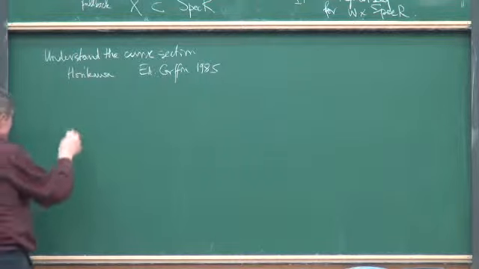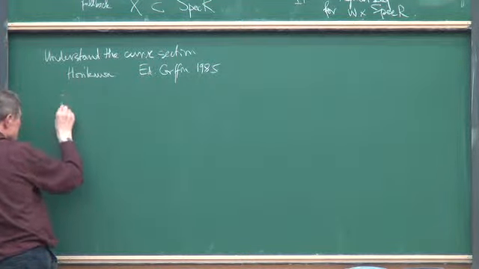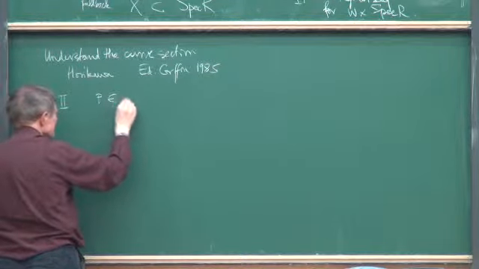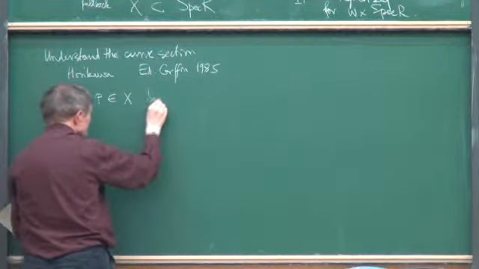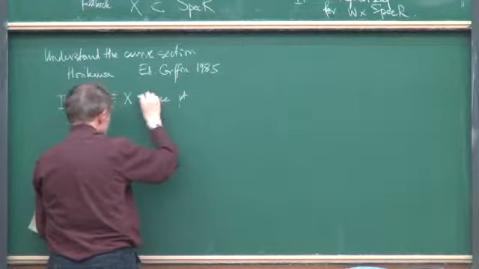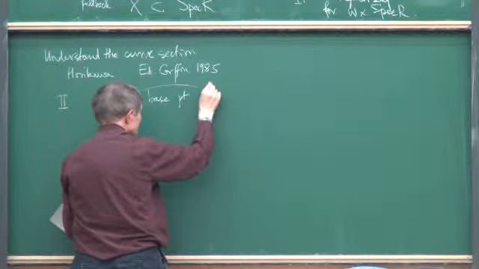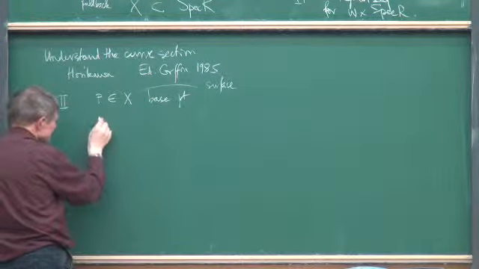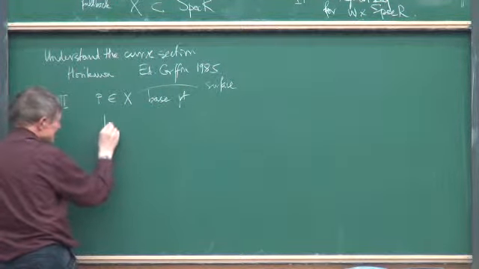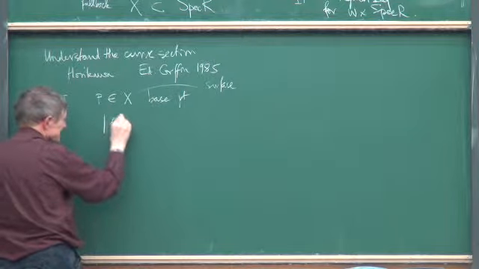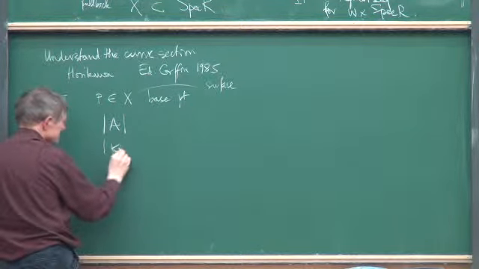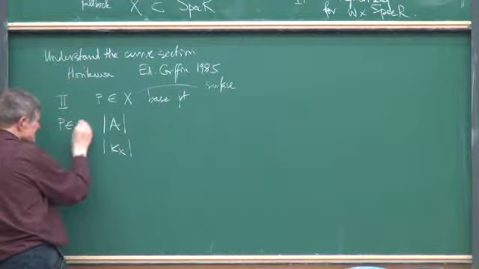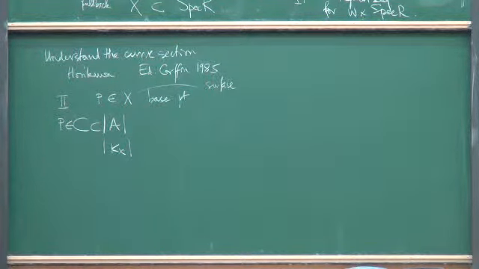And so Horikawa says, suppose that we're in case 2. So P in X is a base point. So let's think of X as being a surface for the moment, right? Then it means that I take these, this is K_X, and I take a curve in there.